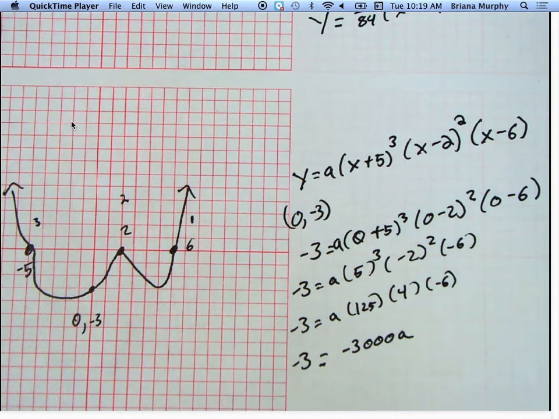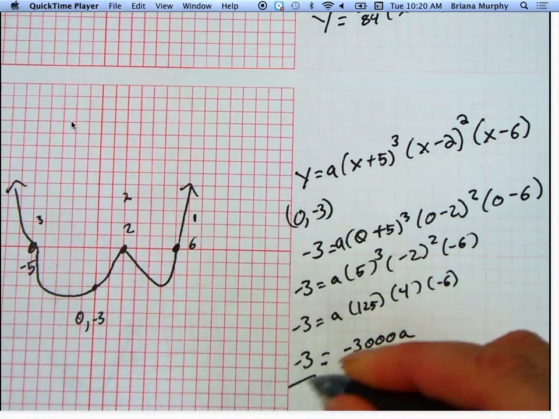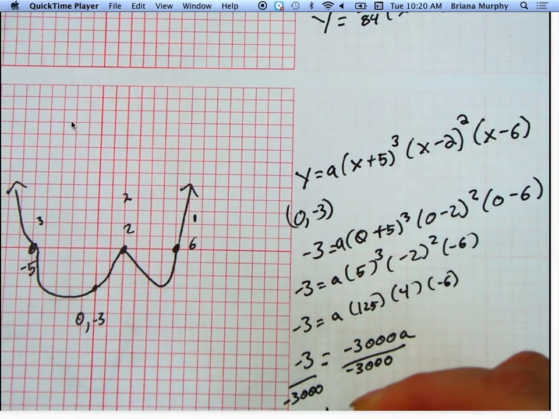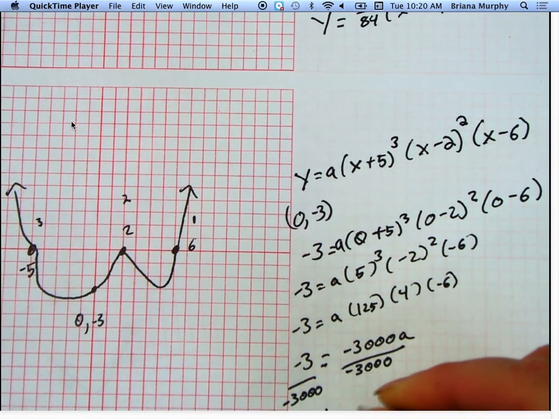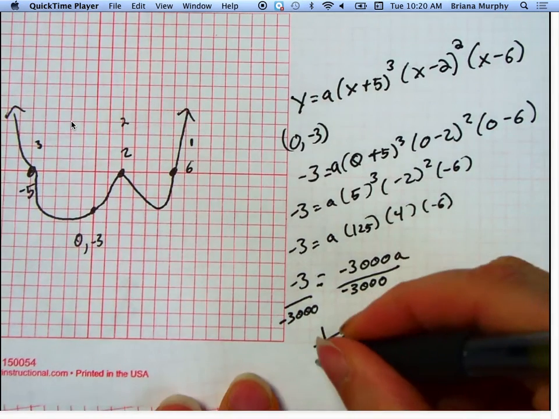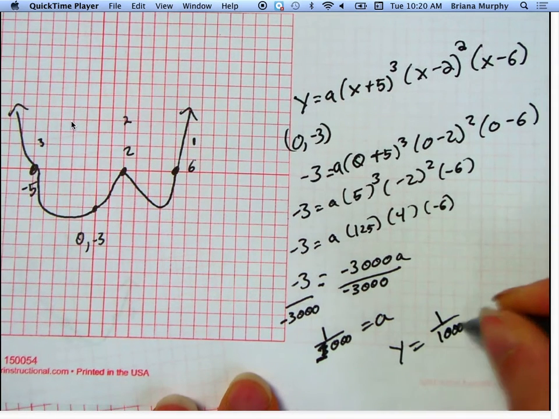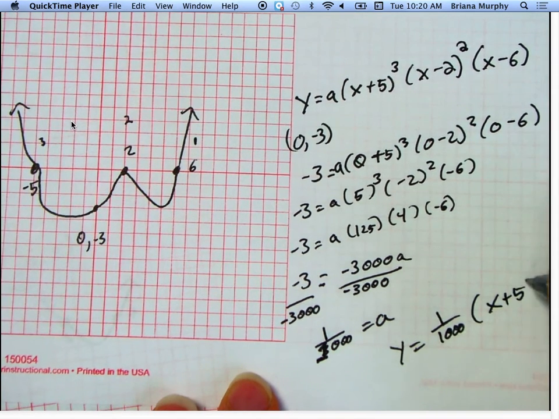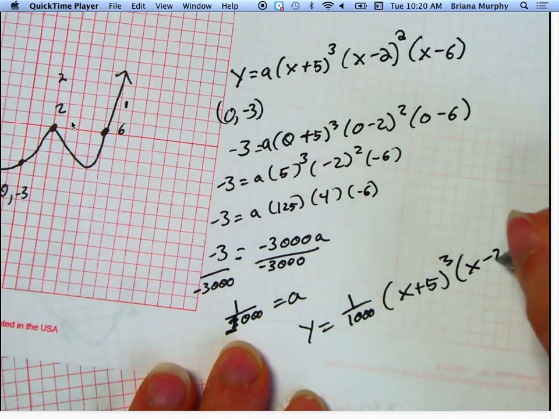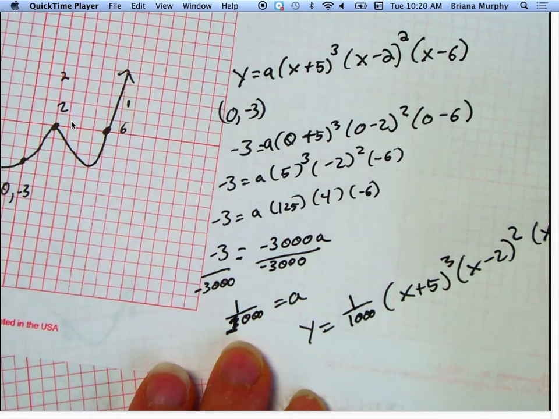What do I do next? Divide by negative 3,000, and what am I going to get? So I'm going to get 1 over 1,000 equals A. Yes. So I get y equals 1 over 1,000 times x plus 5 cubed times x minus 2 squared times x minus 6. And that's my final answer.